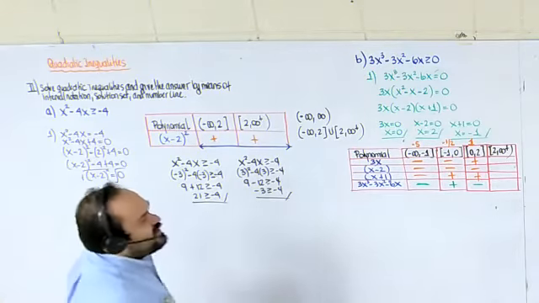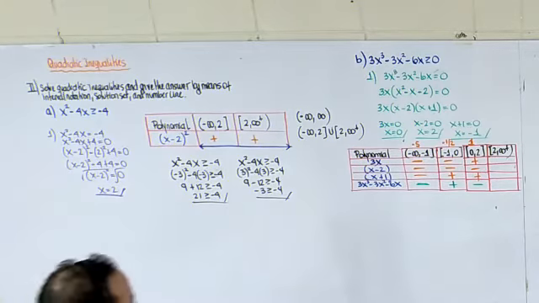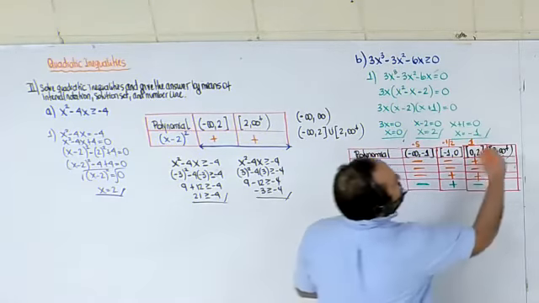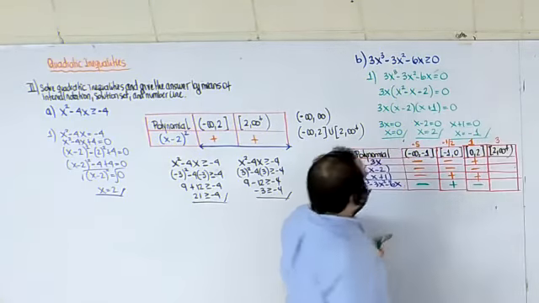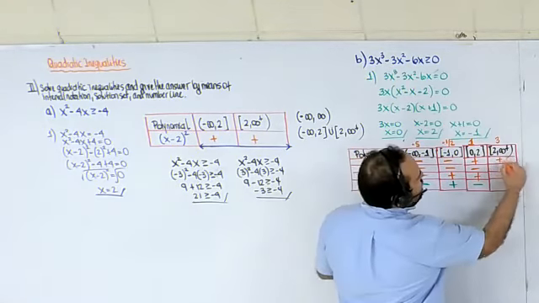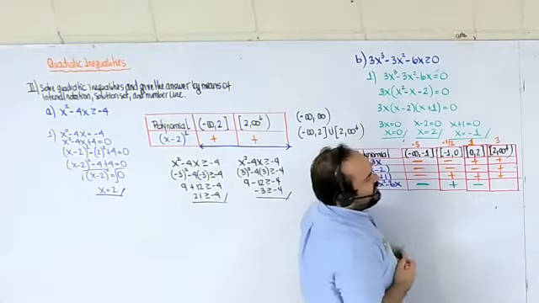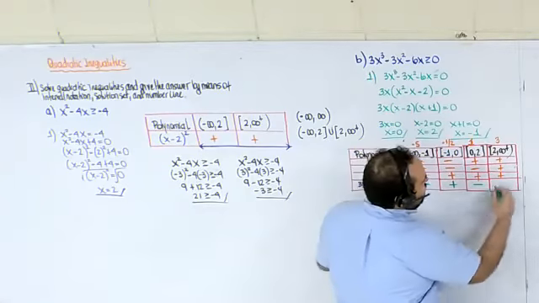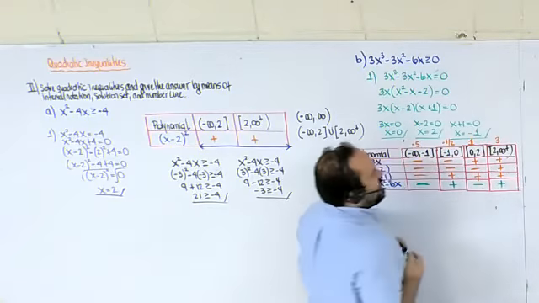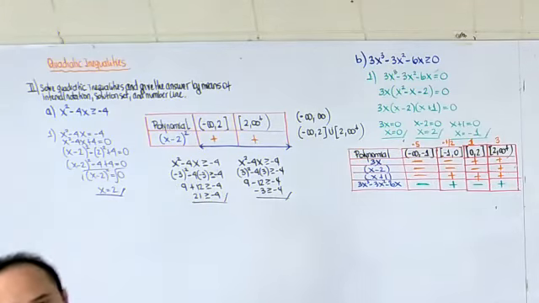And finally, 2 until positive infinite, we can take the number 3 if you wish. 3 times 3 is 9, positive. 3 minus 2 is 1, positive. 3 plus 1 is 4, positive. For that reason, the final result will be positive. And we are creating this lovely table of signs.